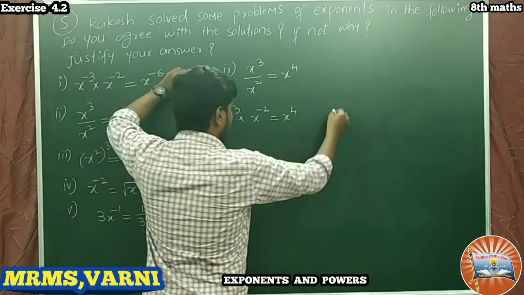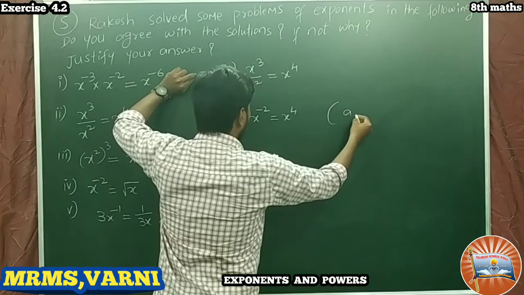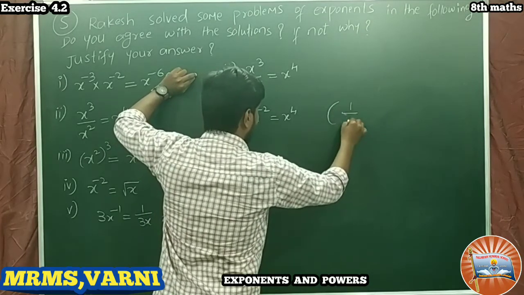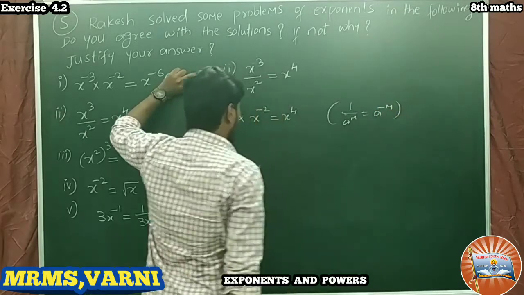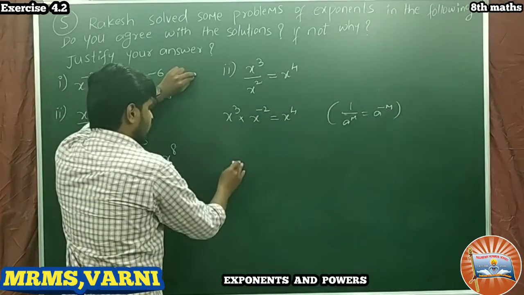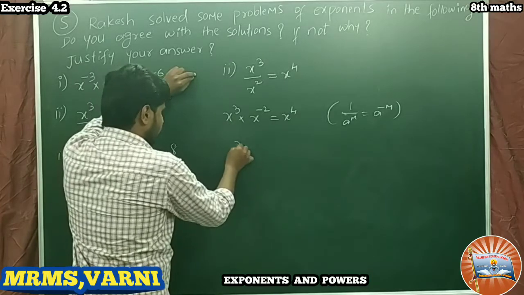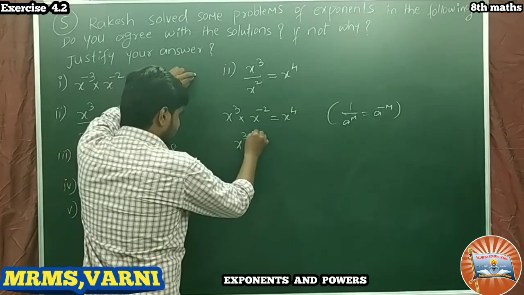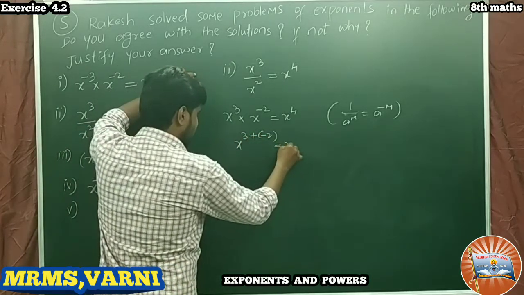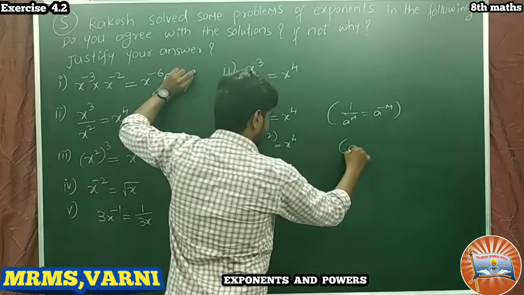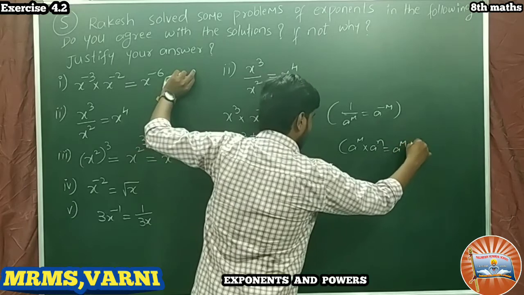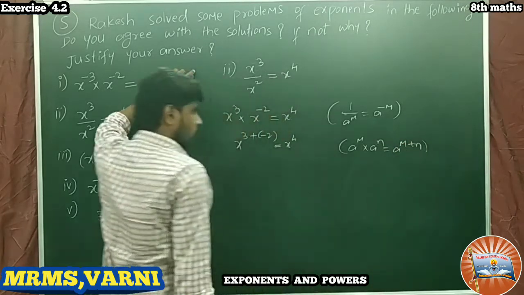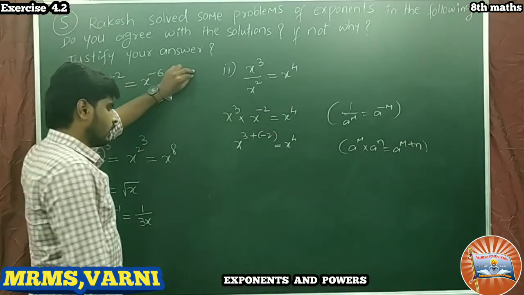So which formula have I used here? 1 by a power m is equal to a power minus m formula. So the bases are the same, that is why we shall add the powers, isn't it? Which formula? a power m into a power n is equal to a power m plus n formula. Is it clear?